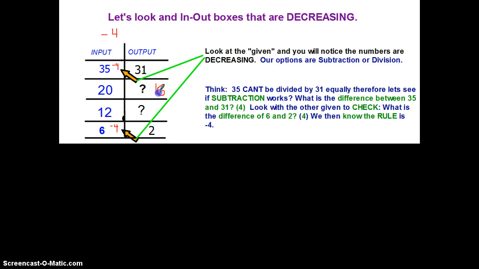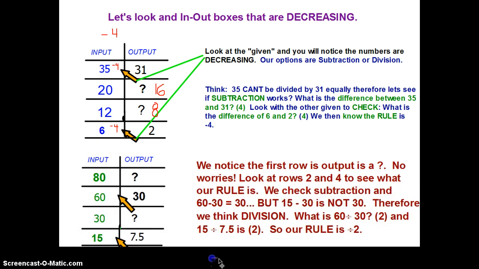If you said 16, great job. Now you're going to take your next input number and apply the rule. What is your answer going to be? If you said 8, great job. Very good.